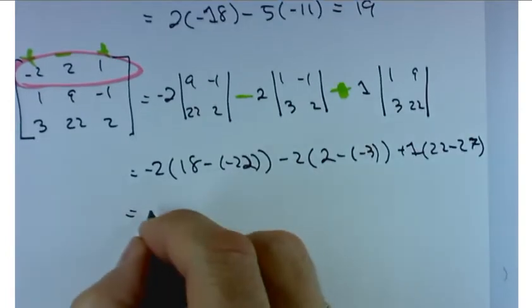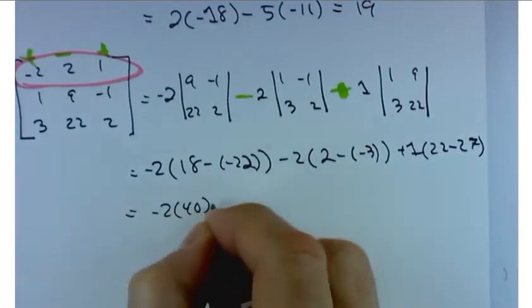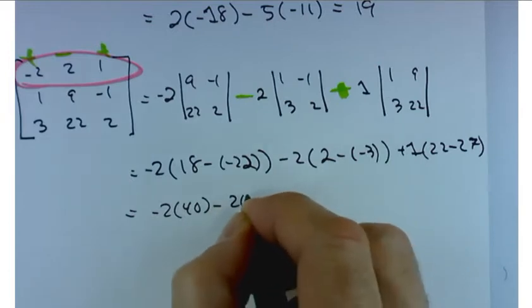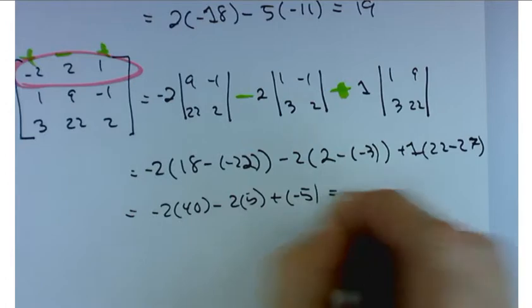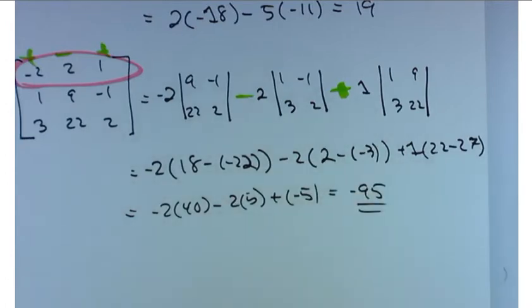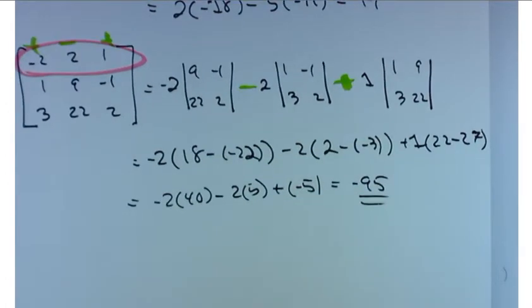So we'll be left with -2 times 40 minus 2 times 5 plus 1 times -5 gives you -95. Whew! Yay! All right, so a fair amount of work to calculate a determinant.